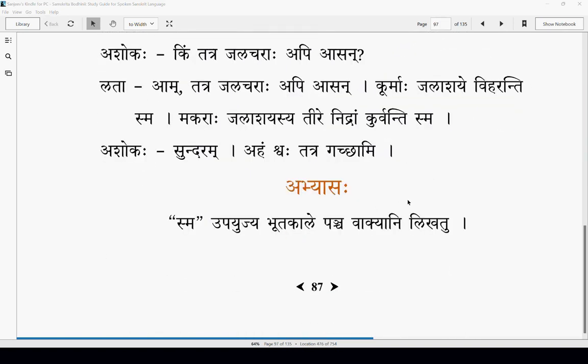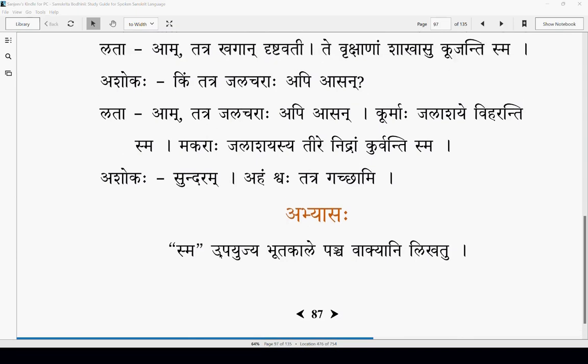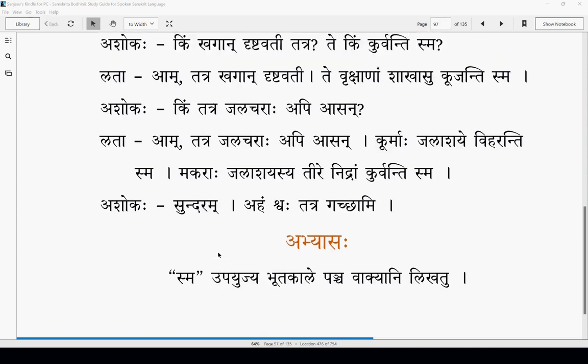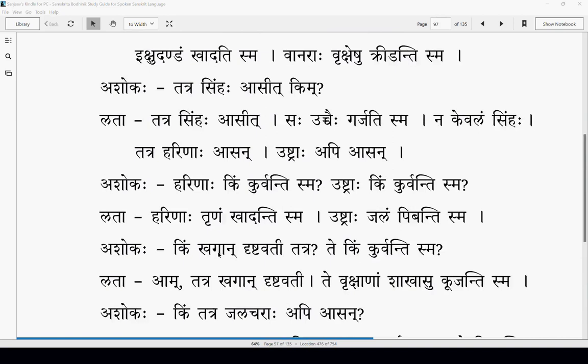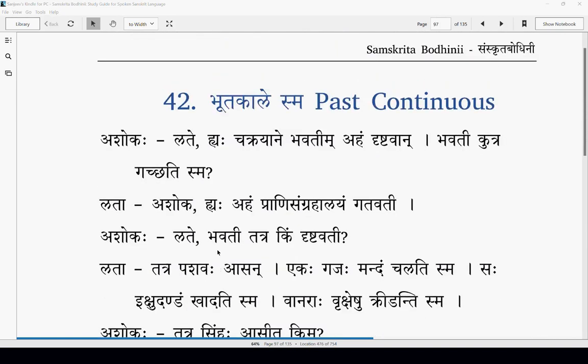So sma abhyāsaḥ, homework here. Sma upayujya bhūtakāle pañcavākyāni likhatu. So just write 5 sentences using sma. To wrap up, one is the bhūtakāla kridantarupam, which is dṛṣṭavān, dṛṣṭavatī, gatavān, gatavatī, these types of rūpāṇi.